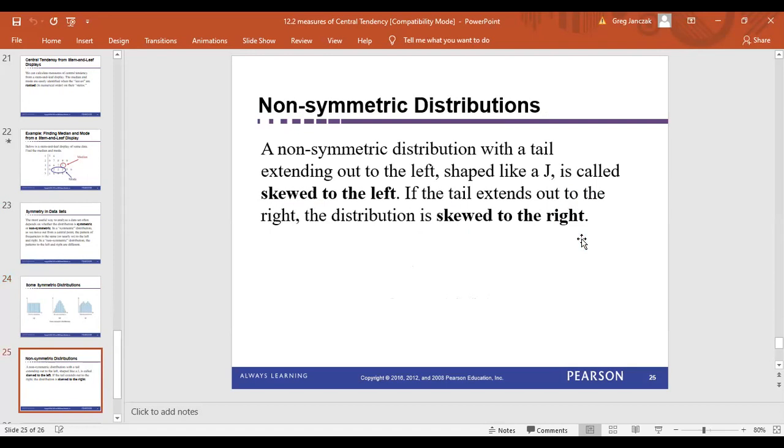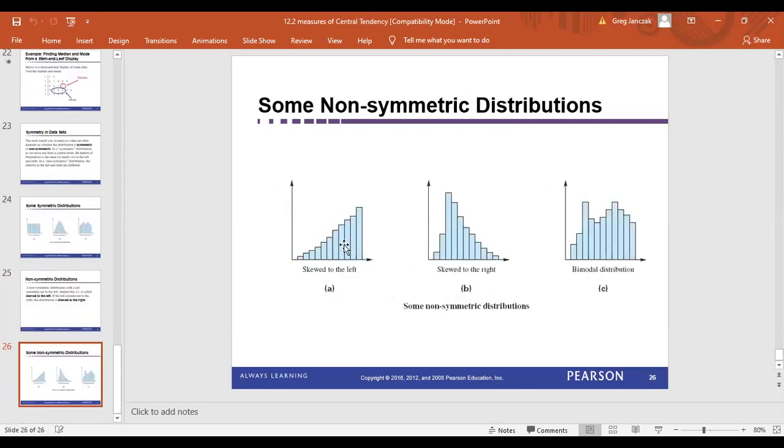Skewed data is where it's a little off. It looks more like a J, skewed left, the tail is on the left, skewed right, tail is on the right. So it looks like it's skewed to the right, but it's not. Wherever the tail is, that's where it's skewed. So this is skewed left, and this would be skewed right.